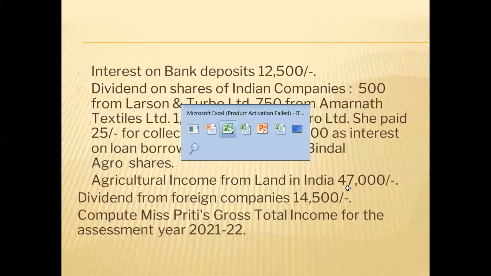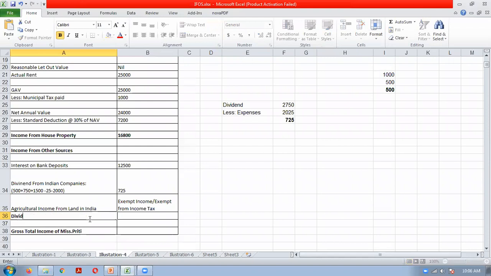And dividend from foreign companies is taxable: 14,500. What will be the income from other sources?